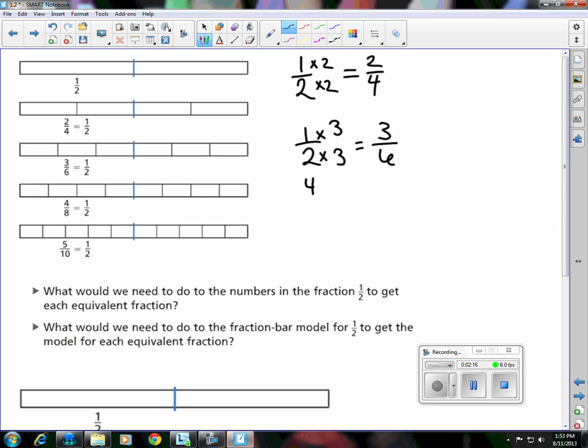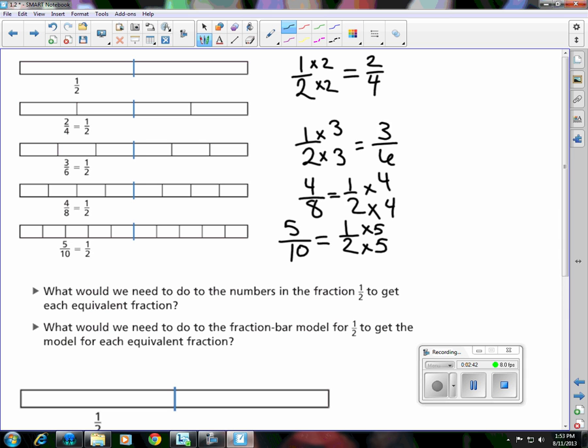Okay, 4/8 from 1/2, right? It is by multiplying by 4. 5/10 is the same as a half. And that's because if I take a half and I multiply it by 5, numerator and denominator, I get 5/10.